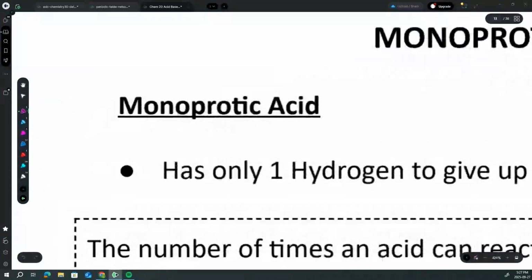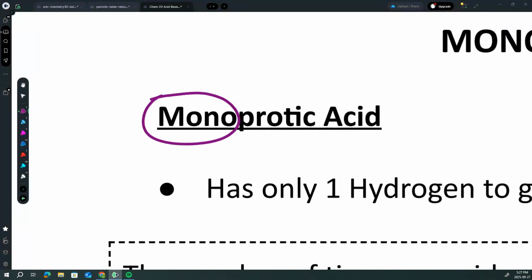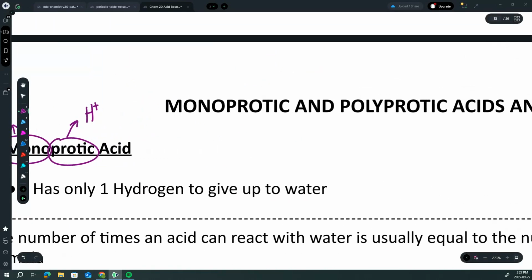Breaking down this word, mono just means one, whereas protic sounds like proton, which is what our H plus ion is. So that's how you can remember what monoprotic means. And acid, remember A for away. The hydrogen is going to go away from the acid.